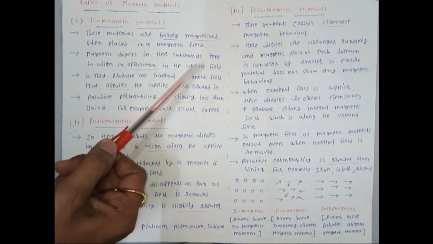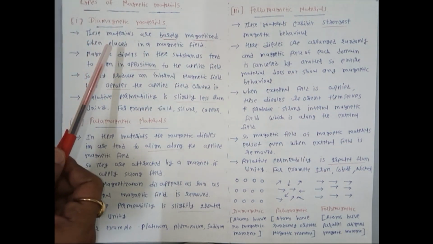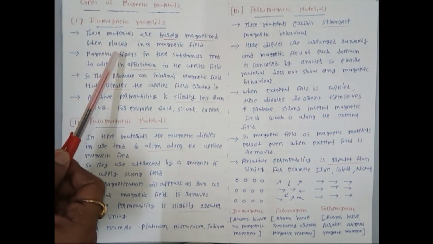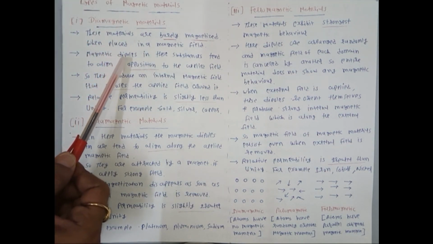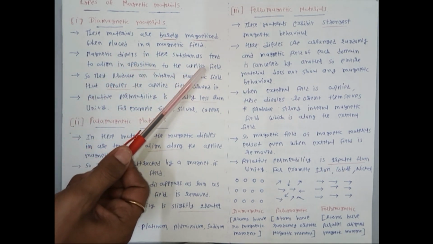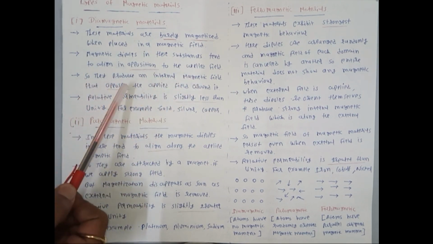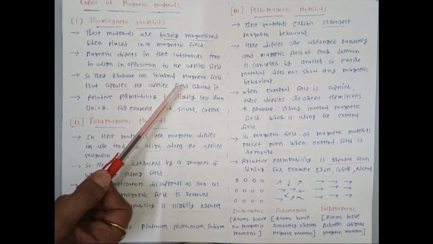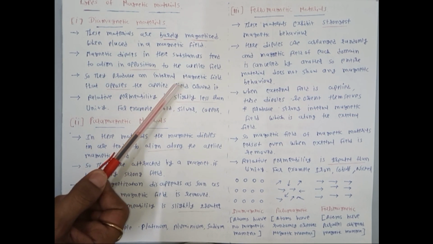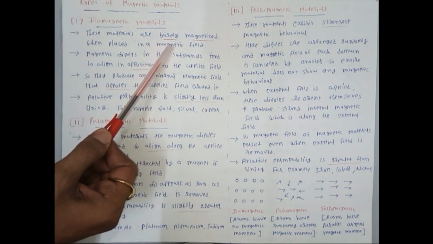It means that when we apply an external magnetic field, these magnetic dipoles create a magnetic field that is in opposition to the applied magnetic field. So they produce an internal magnetic field that opposes the applied field, and they cancel each other. It means they do not experience the magnetizing effect when we apply a magnetic field.